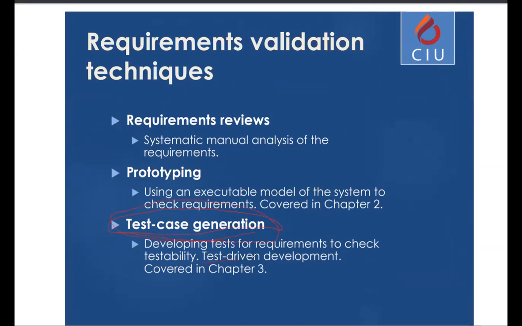You generate test scenarios before you actually develop the software, and during development, you test those scenarios. This is also a way to validate, and I showed you some job offers, if you remember, on LinkedIn, that many people hire test-driven development people in agile development so that their requirements can be validated efficiently.